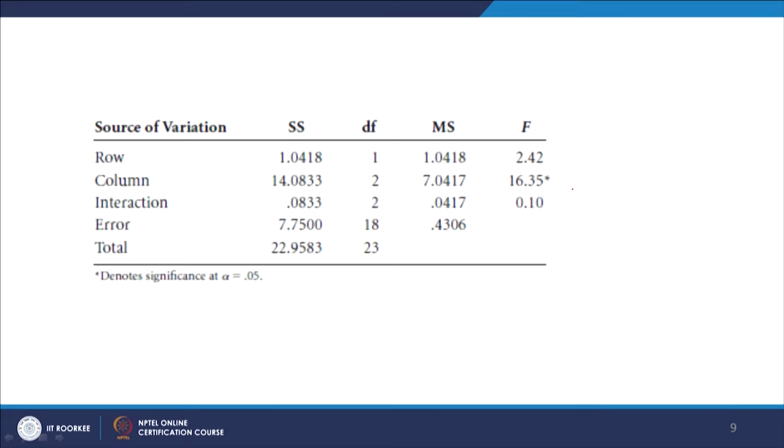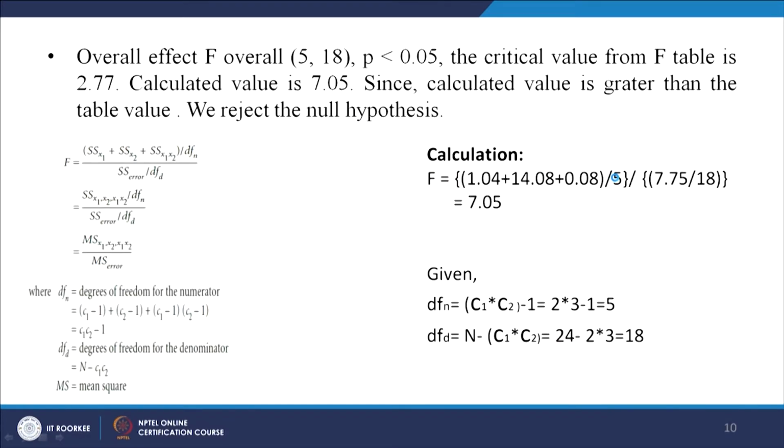So, I see from here that my F values tell me that for row it is 2.42, for column it is 16.35, and interaction is only 0.10. Now, how do you measure it, how do you write it?